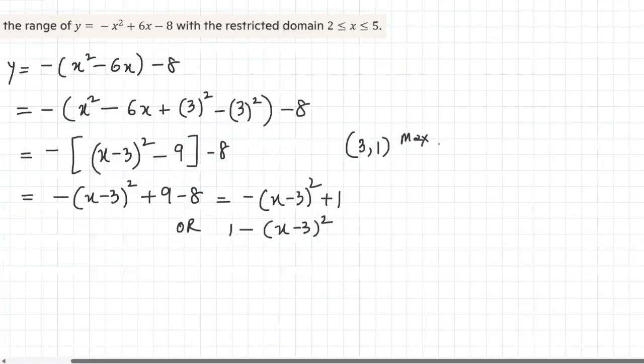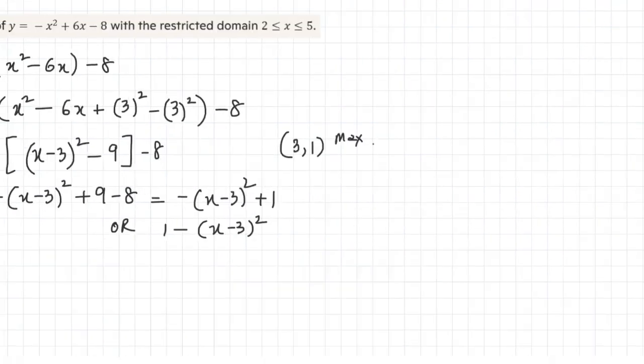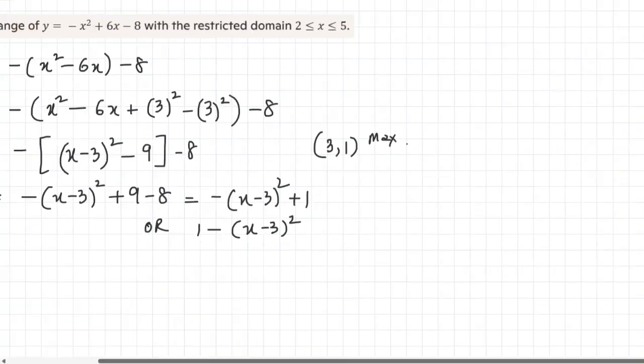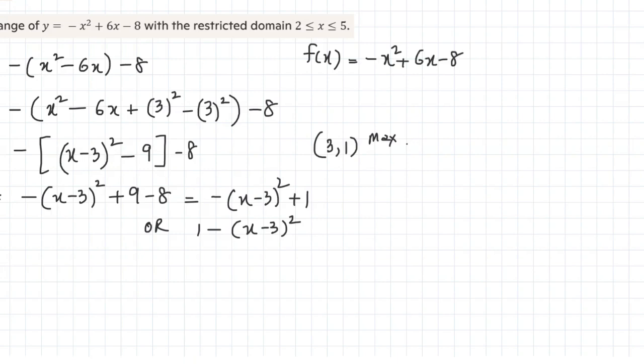Let's just sketch it. And it's not just all real numbers, so keep in mind that you need 2 more values. So let's say your function is minus x squared plus 6x minus 8, find f of 2 and f of 5, right?